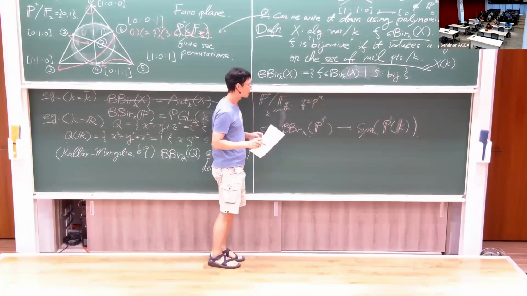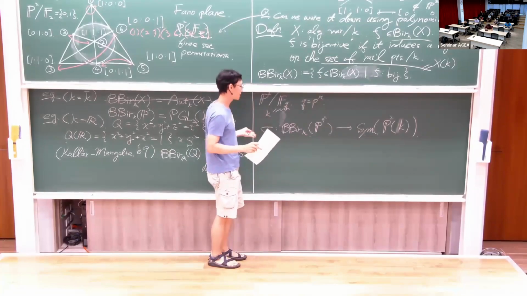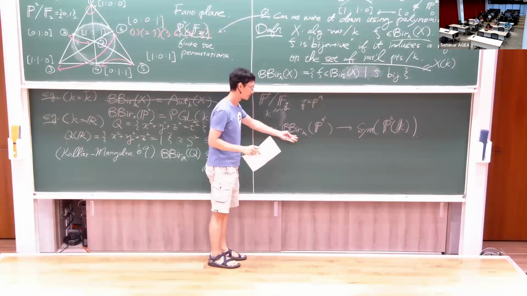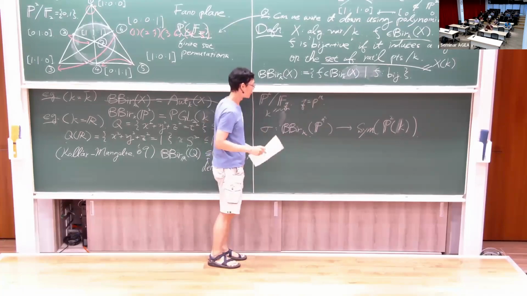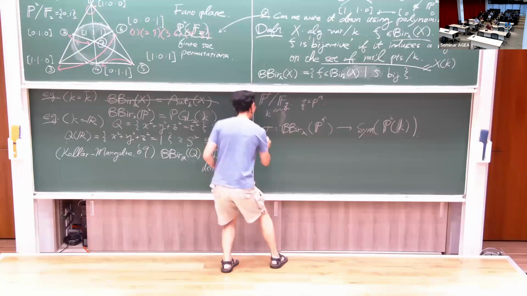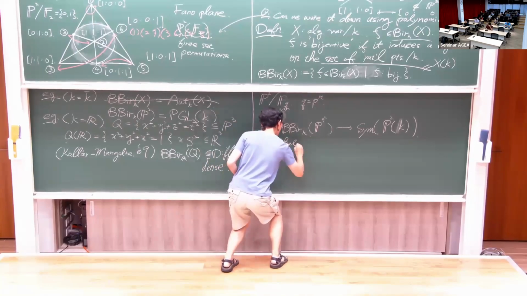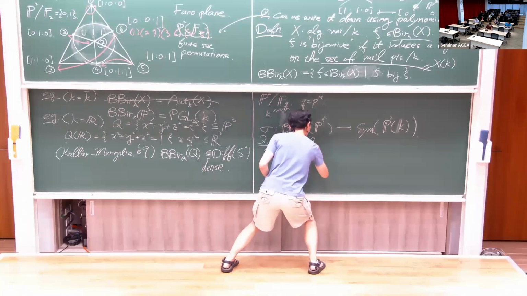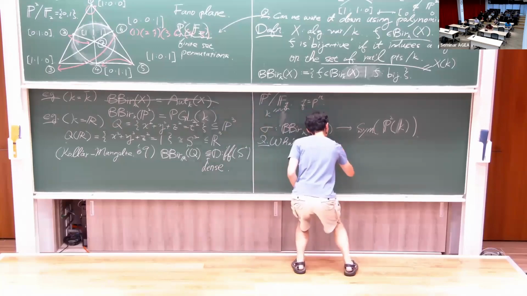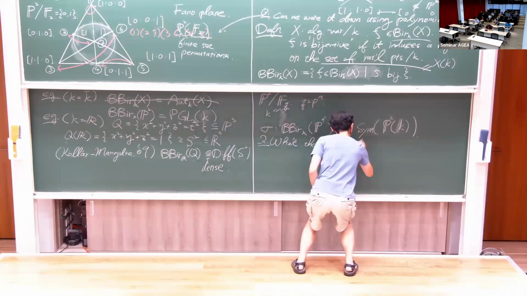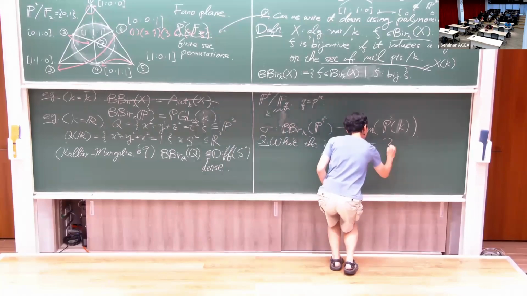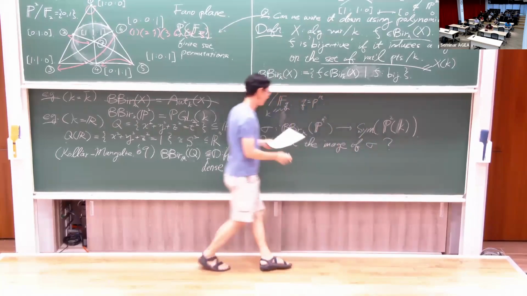And the question about whether we can realize certain permutations using polynomials, you can reformulate as: what is the image of sigma?